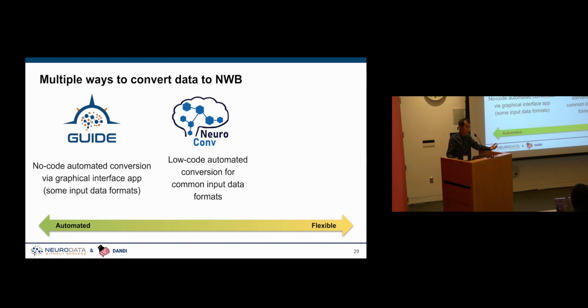For a larger set and more flexibility, we have NeuroConv. This is a tool that presents a low-code solution and requires you to write a handful of lines of Python code. It's not too bad.